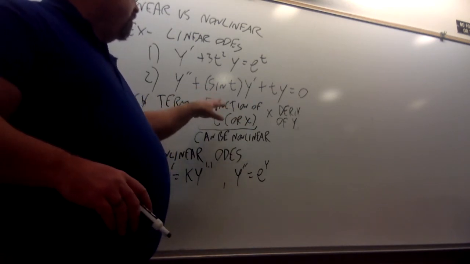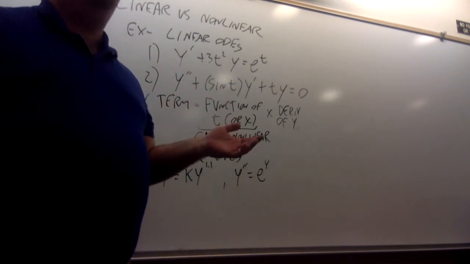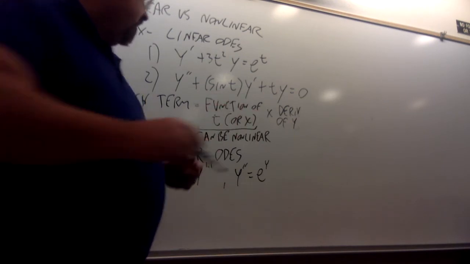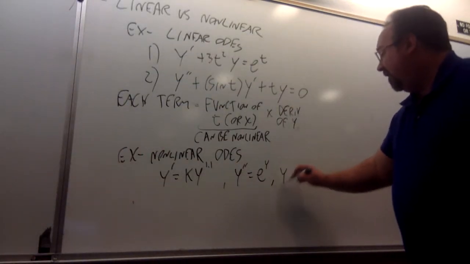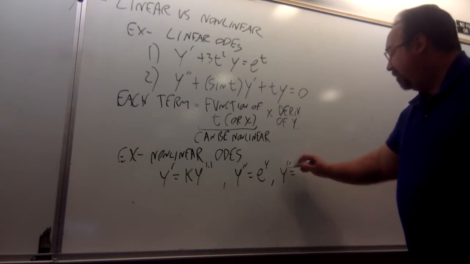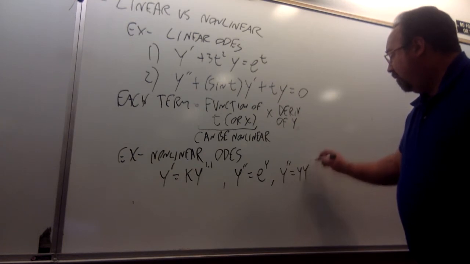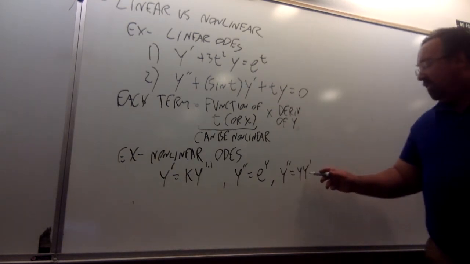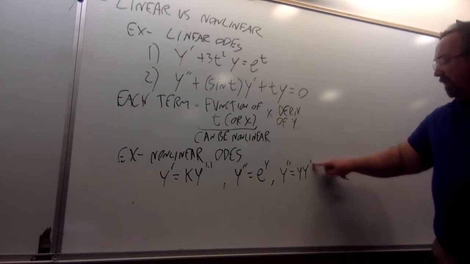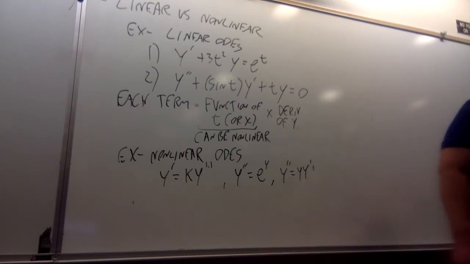If whatever function is multiplying it also depends on y, okay, so actually I'll throw in another example, because this doesn't really cover it: y double prime is equal to y times y prime, for example. That's a nonlinear equation, because this derivative by itself, y prime, could be part of a term of a linear equation, except it's multiplied by a function of y, not just x or t.